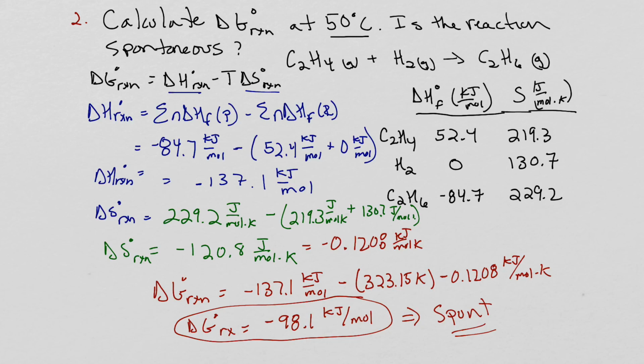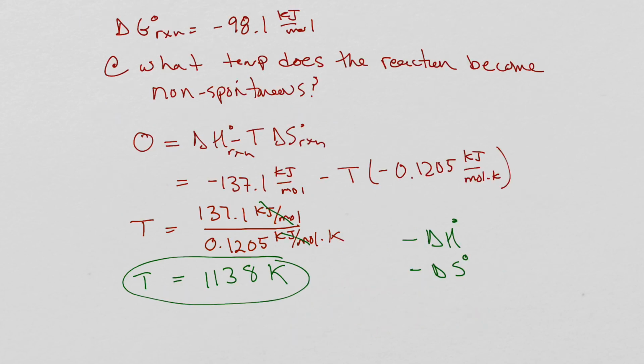So what we can see here is as we're raising the temperature, it's becoming less spontaneous, and eventually at a very high temperature, in this case 1138, the reaction will shift to having a positive delta G and become non-spontaneous, as we would expect for a reaction that has a negative delta H and a negative delta S, which tend to be spontaneous at low temperatures and non-spontaneous at higher temperatures.